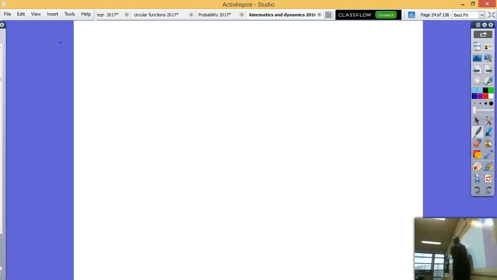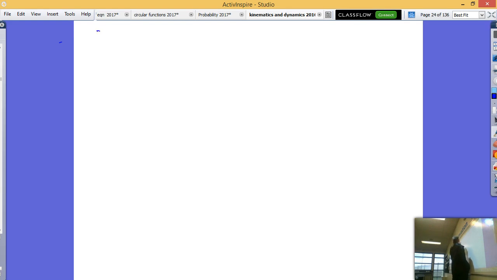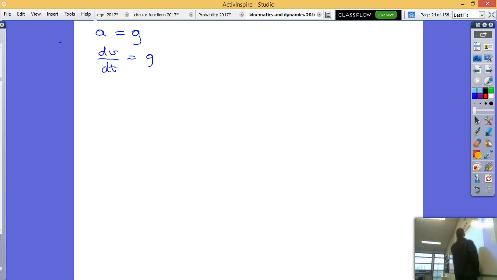Let's come all the way back to our first equation. Acceleration is equal to g. Okay. Now, acceleration was the rate of change of velocity with respect to time. g was some constant. Now, we're going to do a little trick to remove our t. Okay. So, we're going to use the chain rule.